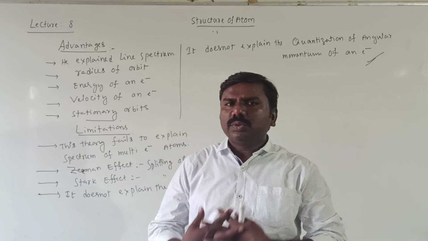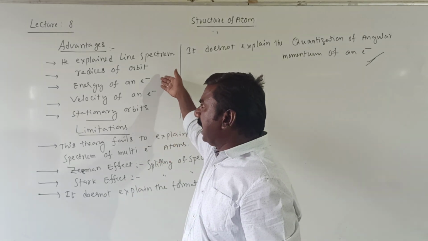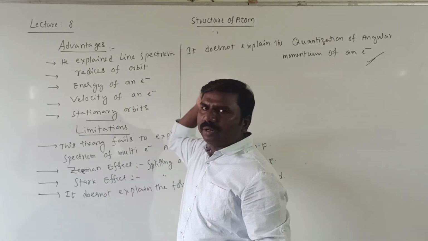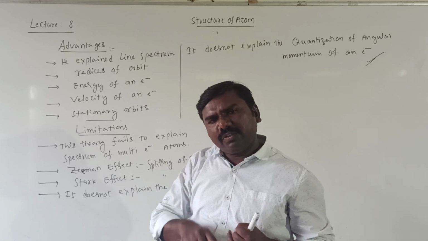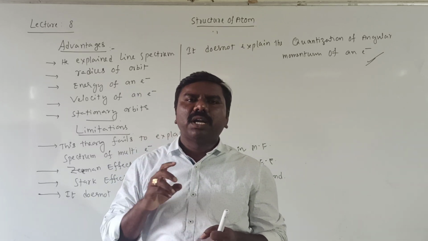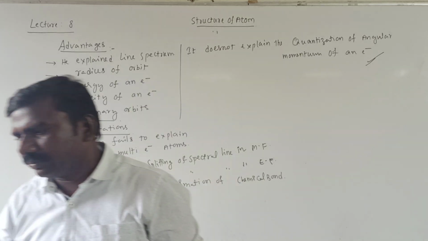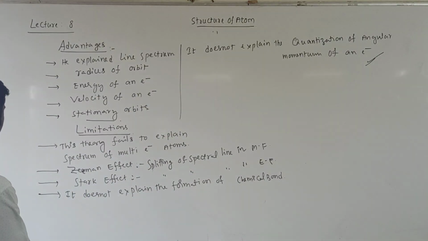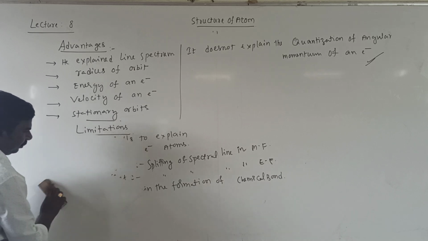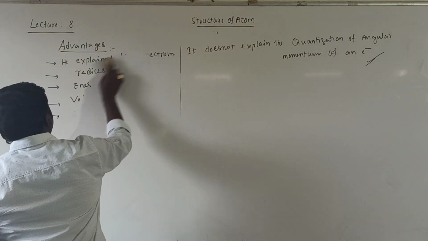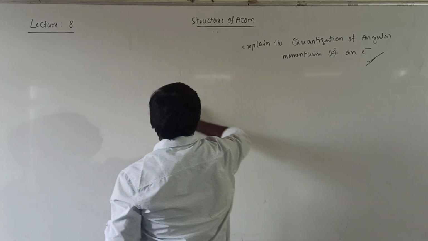Now, he explained about the radius, energy, velocity. We have already discussed the spectrum and the radius of orbit, energy of electron, and next one, velocity of electron. We will discuss one by one. Now, first one is radius of an orbit. There are an infinite number of orbits possible.